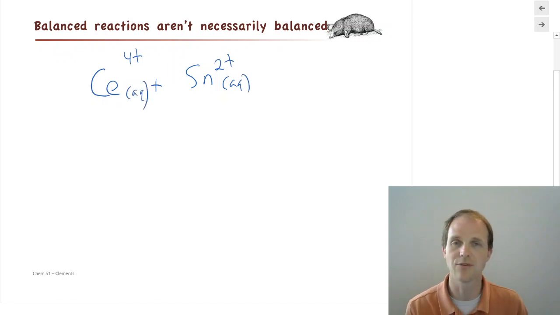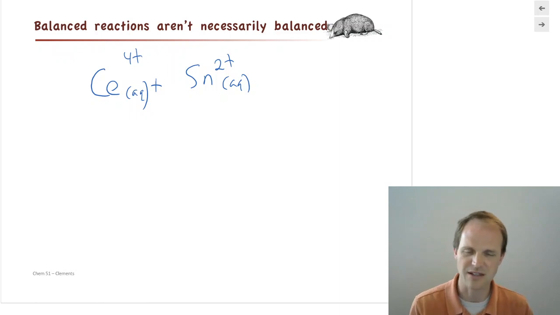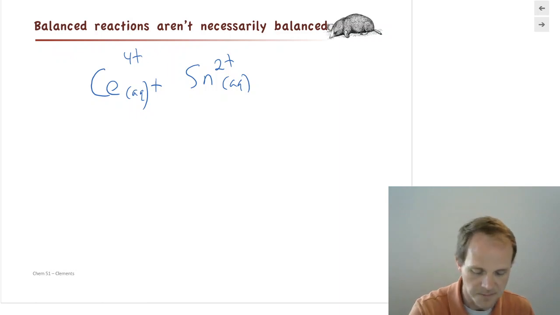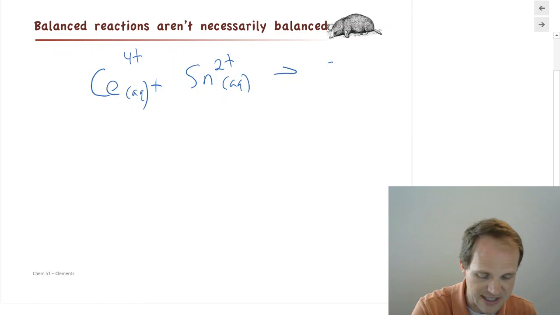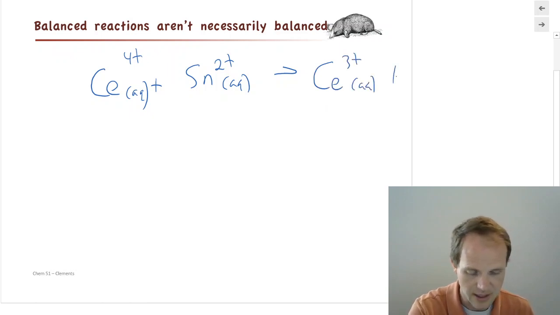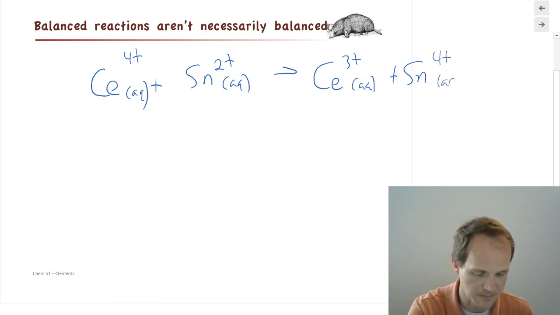You'll find that a lot of what we do in this chapter is in the aqueous phase because it's really easy to make batteries in the aqueous phase. You can make them other ways, and we'll talk about that towards the end of class. But most of what we do today is going to be aqueous phase with maybe a solid present here and there. I'm going to draw a reaction arrow there. I'm just going to tell you that this turns into cerium 3+ and tin 4+.